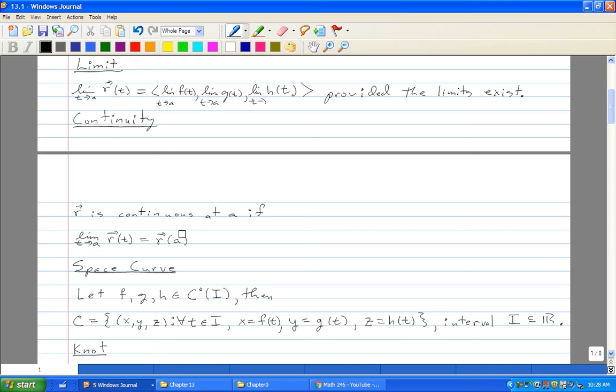Let f, g, and h be C0 functions, so continuous functions defined on some interval I, then C equals the set of ordered triples such that for all t in the interval I, x is equal to f of t, y is equal to g of t, and z is equal to h of t.